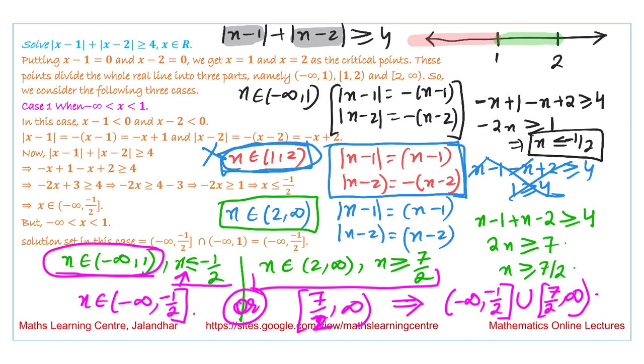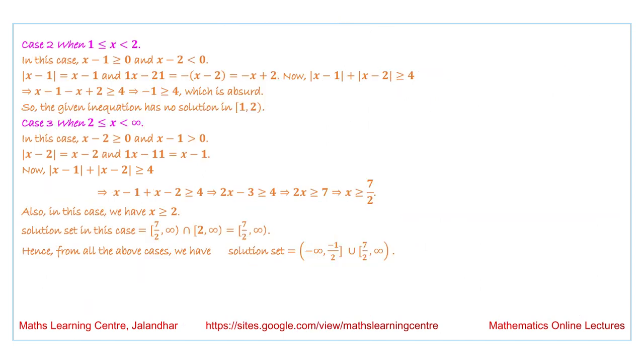So these are the values shown over here. In the case when minus infinity is less than x is less than 1, the answer is minus infinity to minus 1 by 2. The second case, when 1 is less than x is less than 2, we get this kind of inequality and there is no solution in this region.